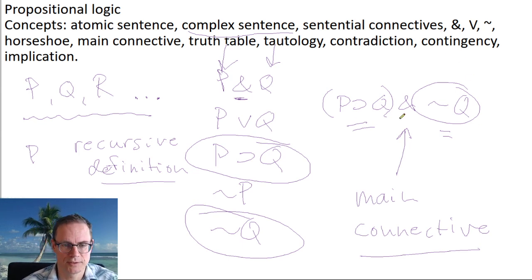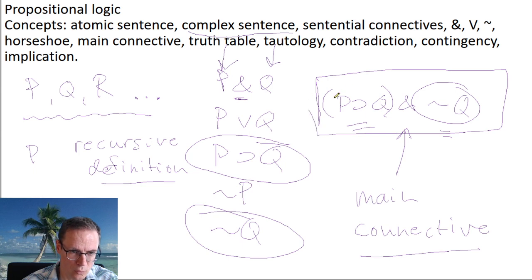And the main connective is, well, if you were to break down this formula into its components, what was the last operation that they did to build this formula? If you were to rebuild it from the atoms, from the atomic sentences, what would be the last move? Well, the last move was the and. So and is the main connective.